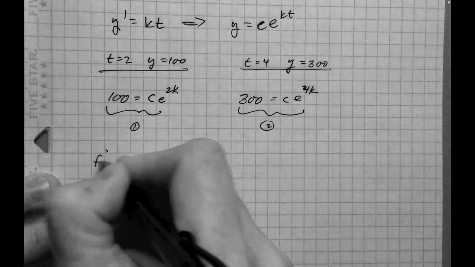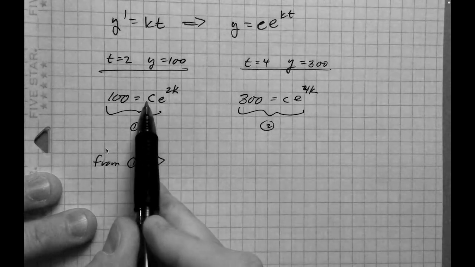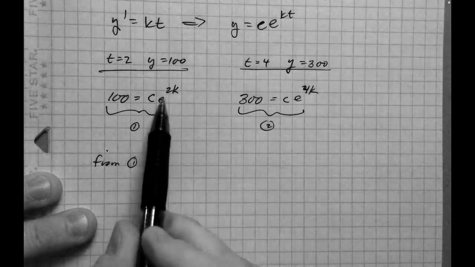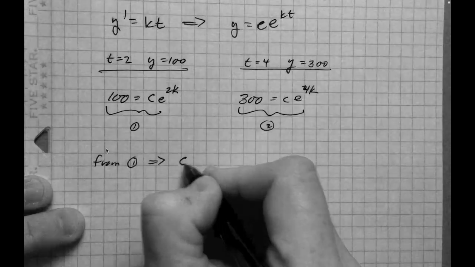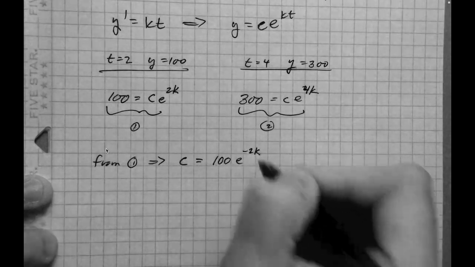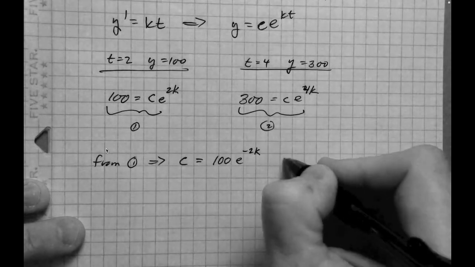Okay, so from 1, basically you can divide both sides by e to the 2k. And so c is equal to 100 e to the negative 2k. Right, and we can plug this into 2.